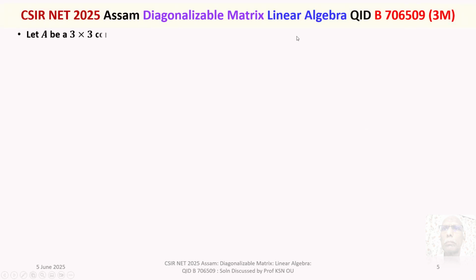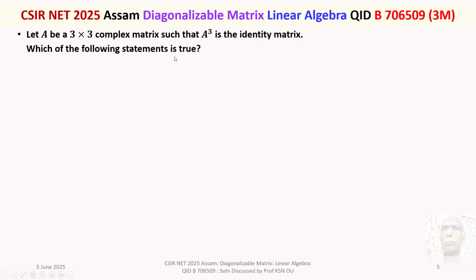Right. The given question is, let A be a 3 by 3 complex matrix such that A cube is the identity matrix. Which of the following statements is true? We are given 4 options.